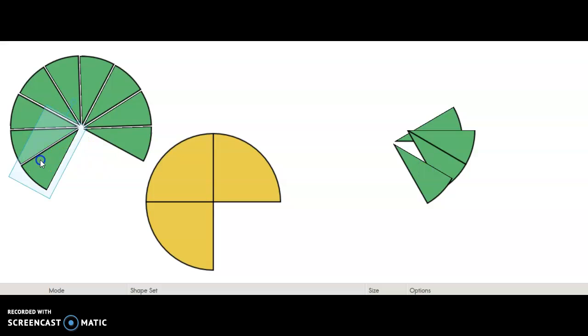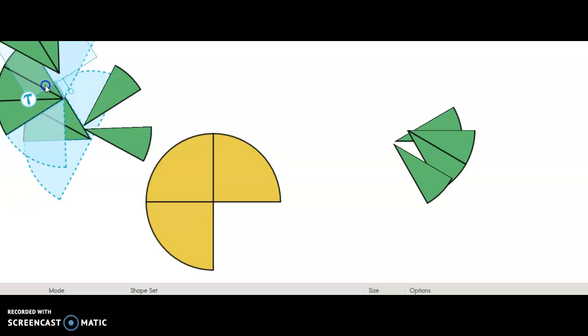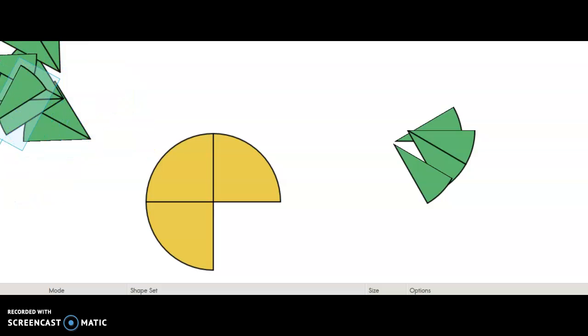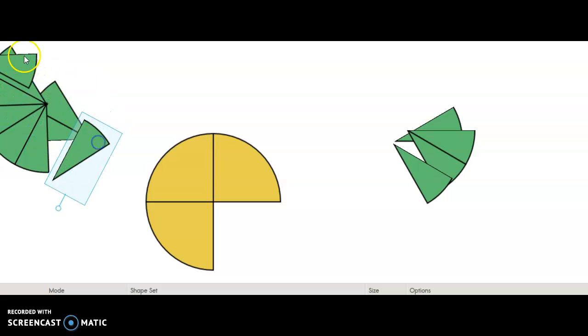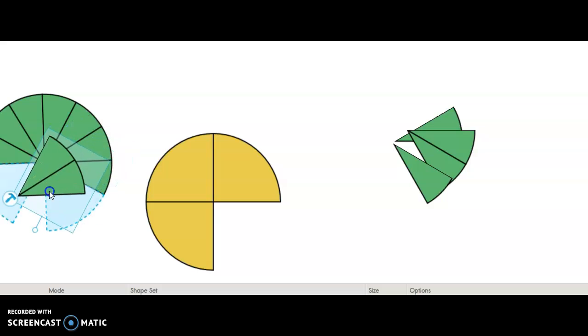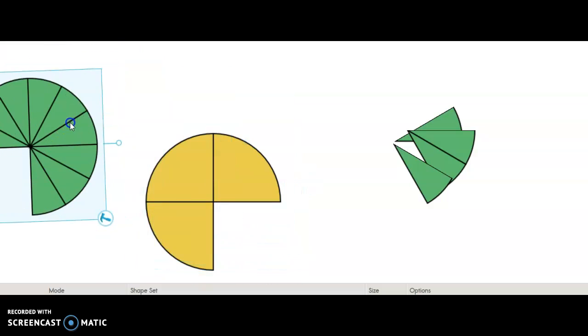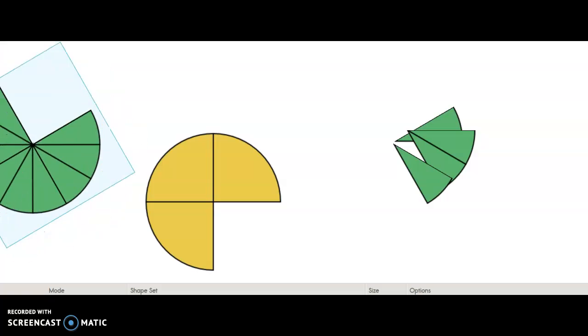Put it back over here. And now let's see if this works. Turn it around.